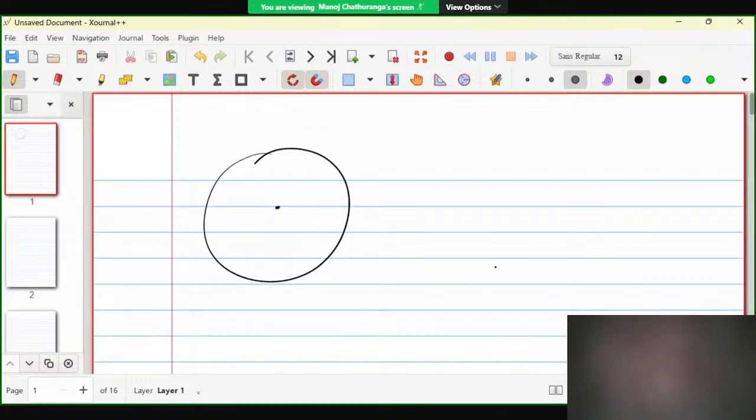So instead of that, we took a unit circle of radius 1, and for any angle, we have a unique point corresponding to that angle on the unit circle.